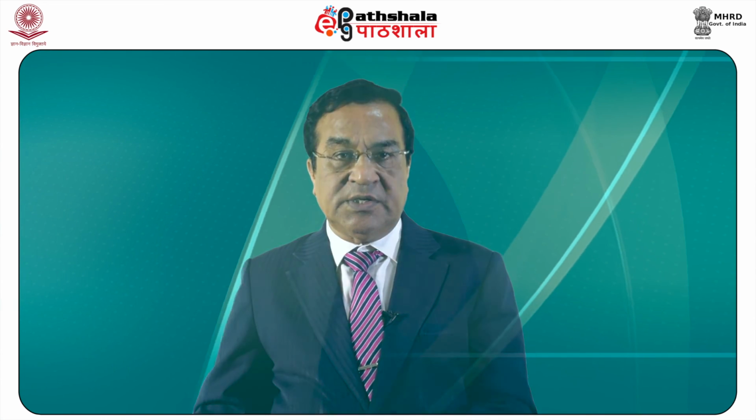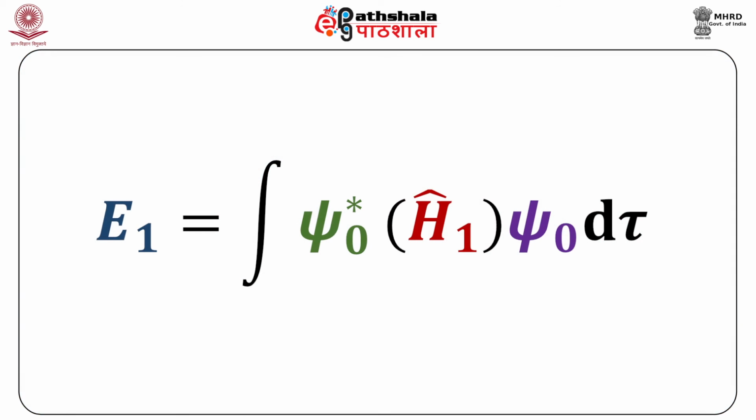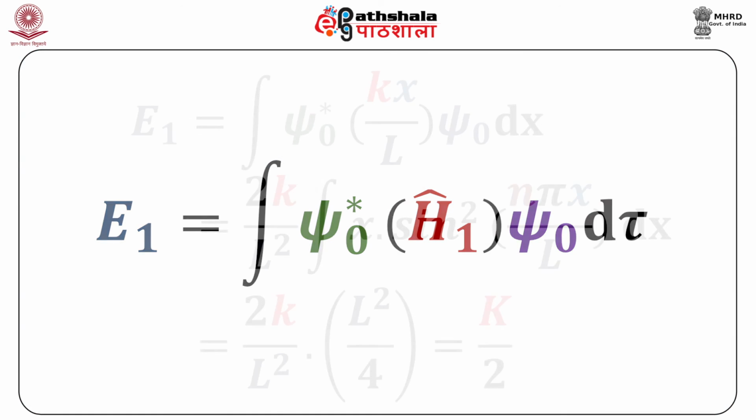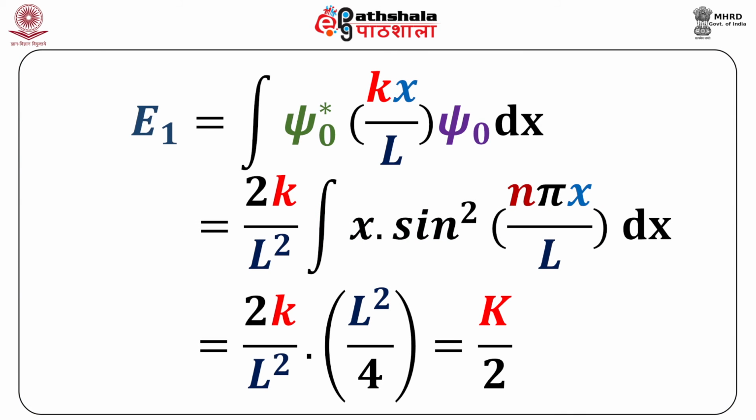Now if we substitute this into our earlier equation, we get straightaway the first order correction to energy due to perturbation. As you can see, we are solving this here. Psi 0 star, as you know, is the wave function for an unperturbed system, which we have already mentioned.